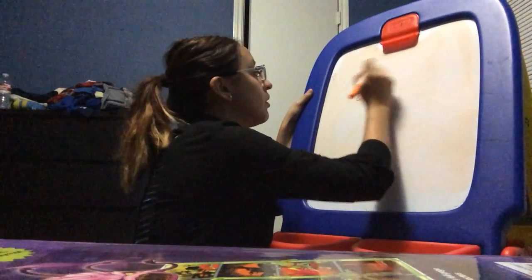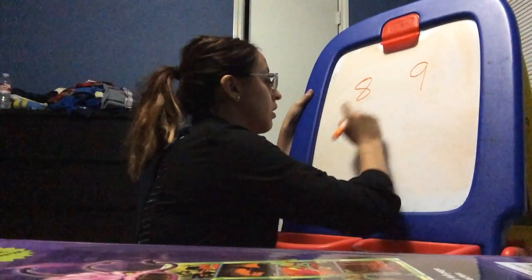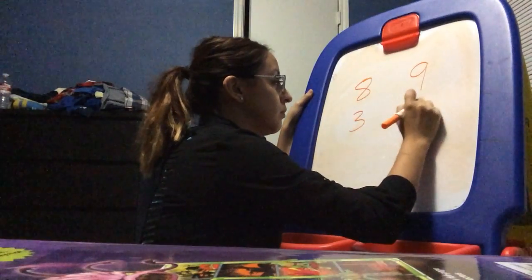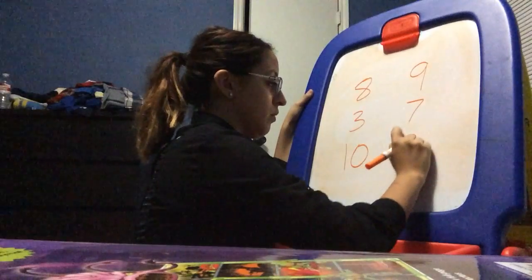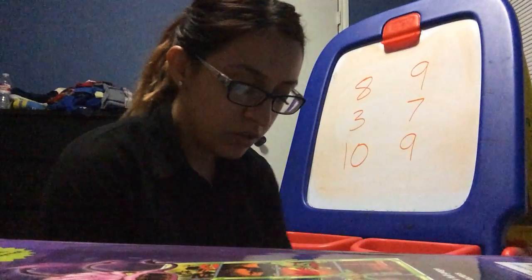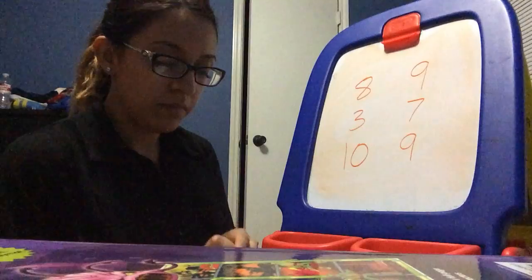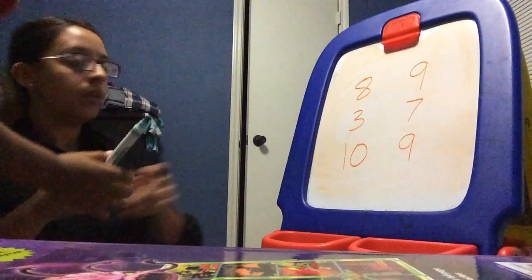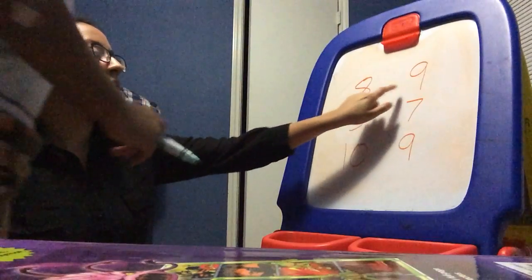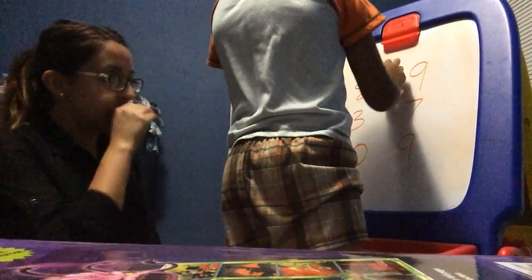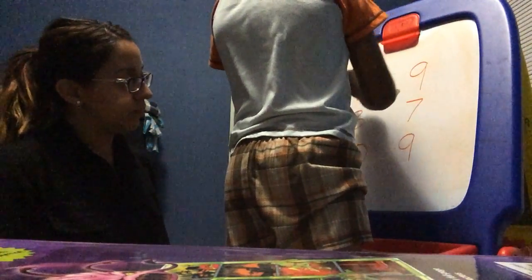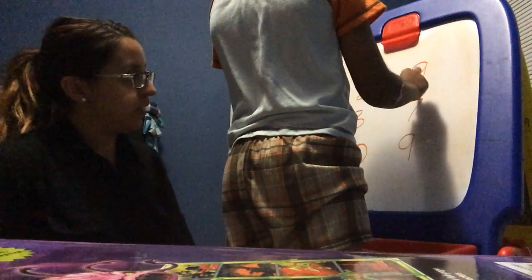Let me write a few on the board. Okay. So here you go. Go ahead and come up here. For the 8 and the 9, write what symbol you're going to use. 8 is less than 9.